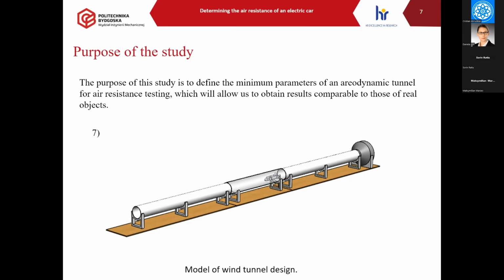However, this involves the selection of many parameters, such as appropriate values of Reynolds number and wind flow velocity, and cross-sectional area of the wind tunnel test section. The figure shows the design of a wind tunnel for testing scale objects. Performing tests of the aerodynamic drag force of scale vehicles will allow validation of the results of numerical analysis.